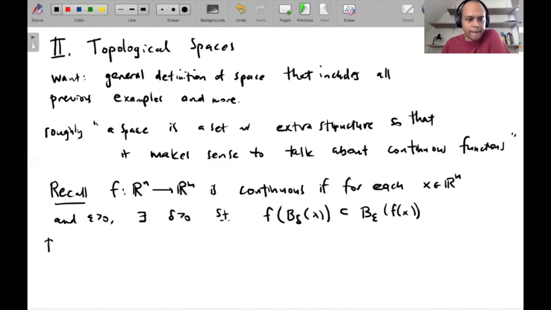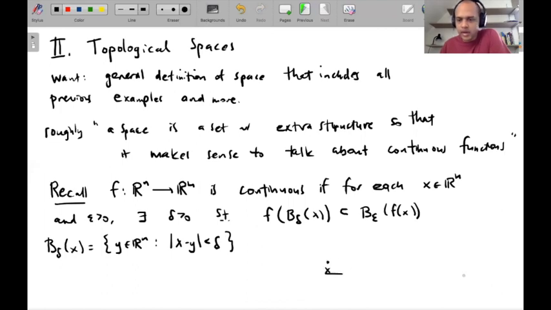So here, B delta of x, these are the points, let's say y in Rn, so that the norm of x minus y is less than delta. And so the picture is we have x in the domain and f of x in the codomain. We're given x and we're given some epsilon, which gives some ball of radius epsilon around f of x.